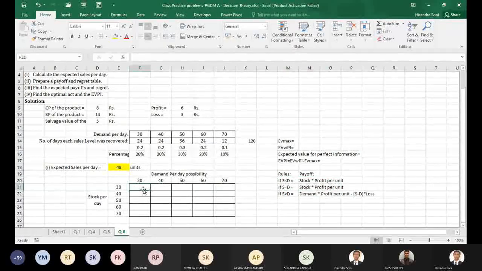हाँ? Can you try? करेंगे आप लोग? Take 2 minutes to do it. Confidence आएगा if you do that.